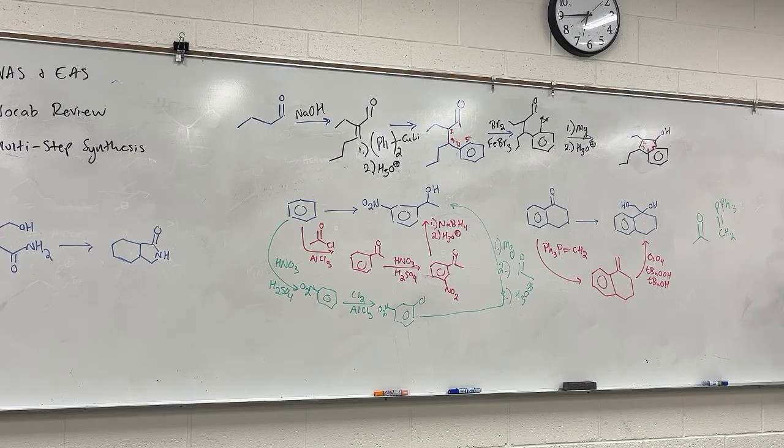What's more electronegative, carbon or phosphorus? Carbon. Isn't that surprising? Carbon is more electronegative than phosphorus. So when we move our arrows here, they move by electronegativity. Oxygen takes the electrons from the double bond, attacks phosphorus. Carbon takes the double bond from phosphorus and attacks carbon.